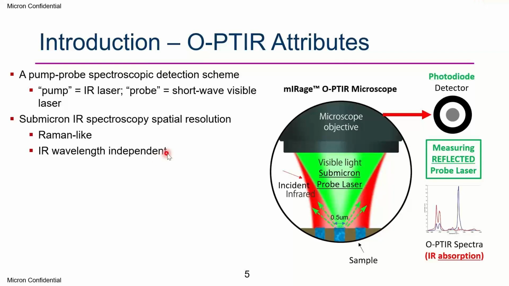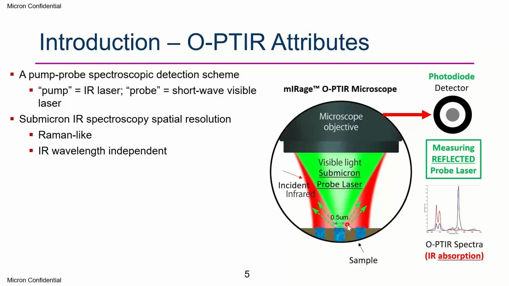As many people know, Raman's spot size or spatial resolution is normally 0.5 to 1 micrometer. So the OPTR, with a 0.5 micrometer probe size, has a Raman-like spatial resolution or spot size. Because it is only 0.5, it tends to be a point analysis rather than an area analysis like that acquired by FTIRs.